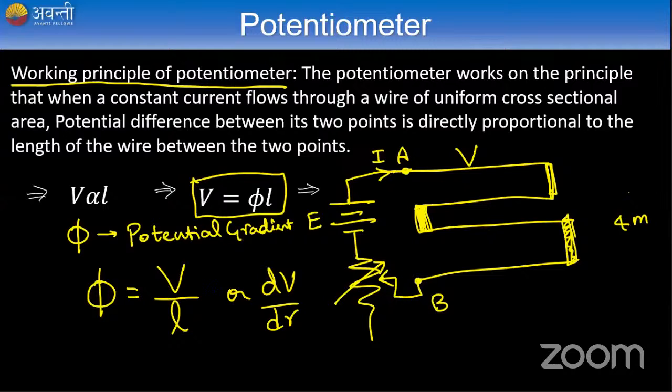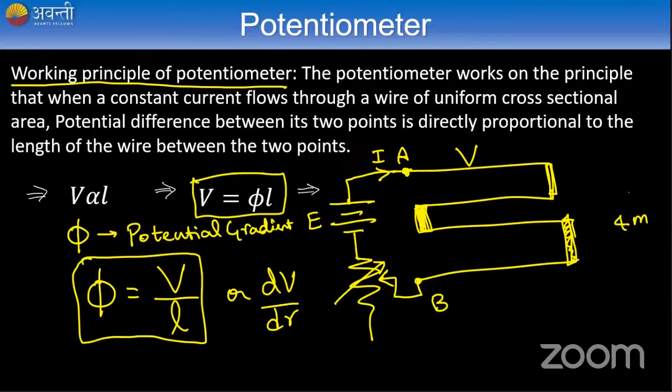Yes, exactly, Rashmani. Super. It's nothing but the potential per unit length. So potential gradient is nothing but the potential per unit length.